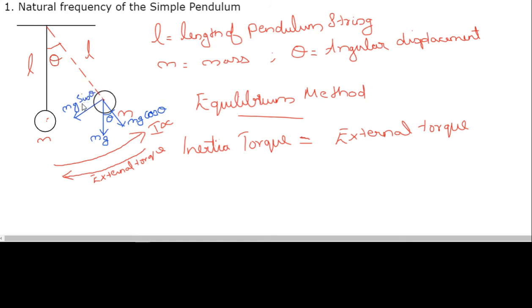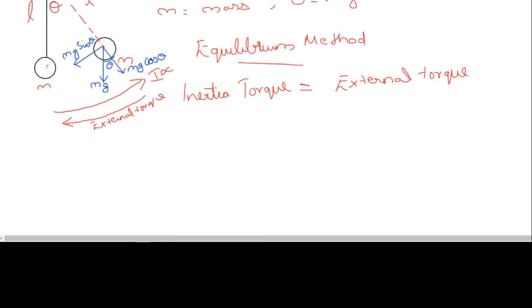To find the external torque we can equate these forces. So this will be I alpha, and the external torque will be in the opposite direction. The force acting along the direction of I alpha is mg sin theta, and mg sin theta into the perpendicular distance, that will be L, because torque is force times perpendicular distance, so mg sin theta into L.